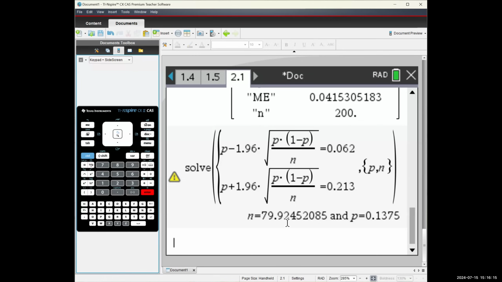But remember, for the sample size, we need to make some reasonable interpretation. We couldn't have a decimal number. We have to use the closest, let's say, nearest integer. So the sample size should be treated as 80 as a whole number because 79.92 something is closest to 80, okay? So that's pretty much what we need for the whole probability question, I suppose.